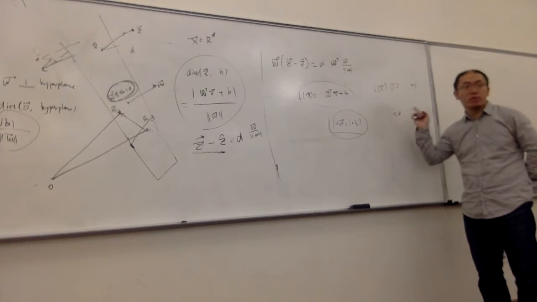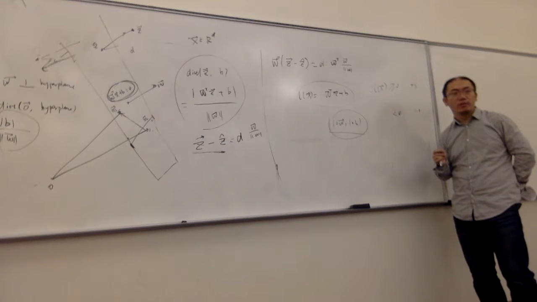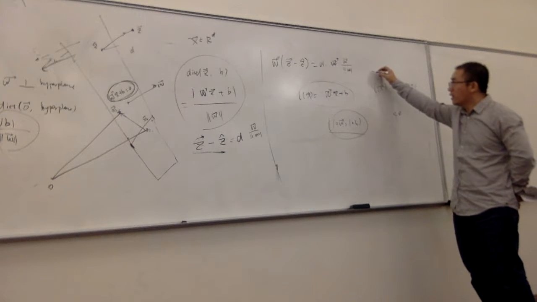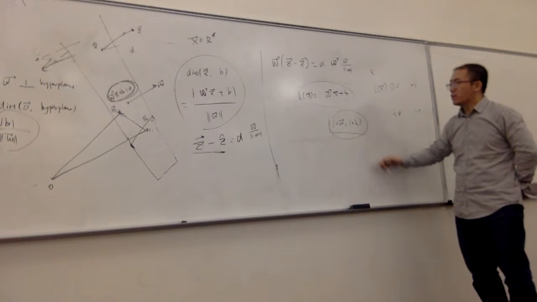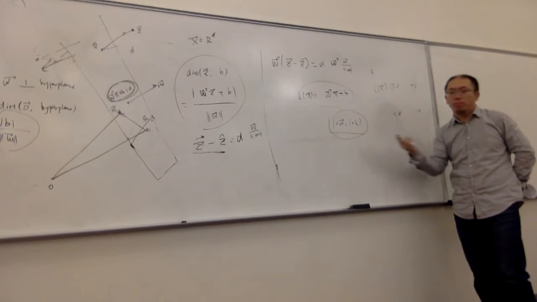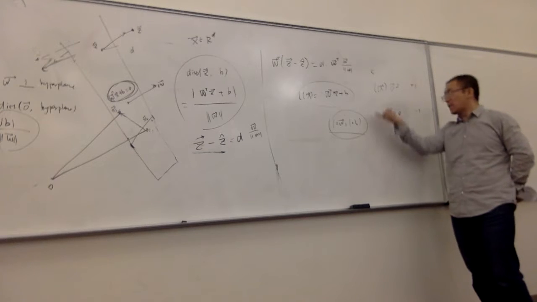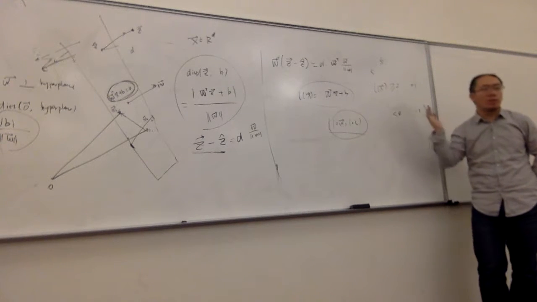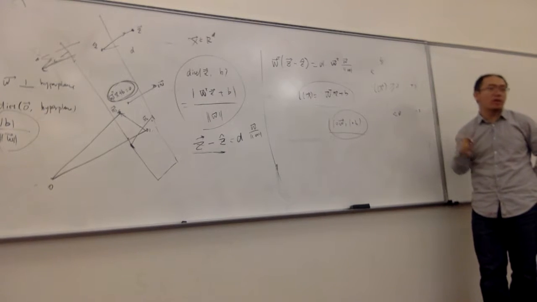Does the classification result change? No, nothing happened. For the original W and B, say the classification function value is like 5. Now if you multiply W and B by 10, the classification function value becomes 50. But both numbers are positive, so classification results are the same.